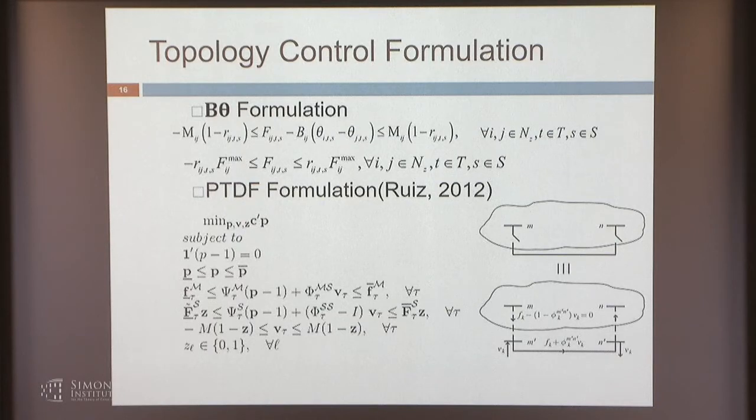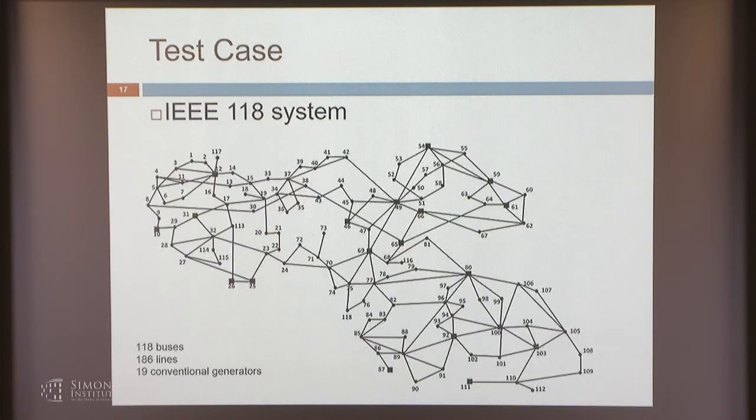I won't use that. This is the network that we are trying to test our project on. It's the standard IEEE 118 bus system, with 186 lines and 19 conventional generators, and we have a wind farm that we tried to put at different locations.